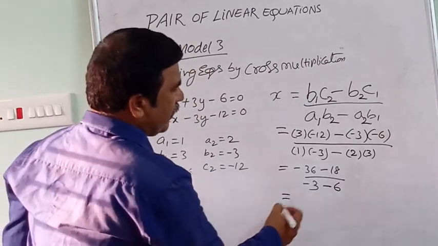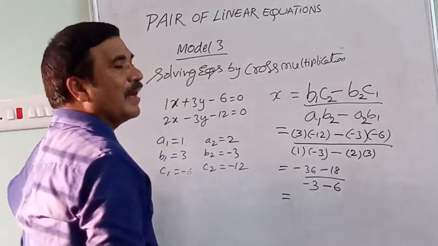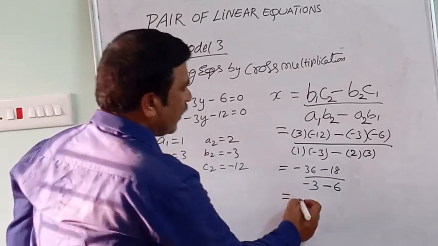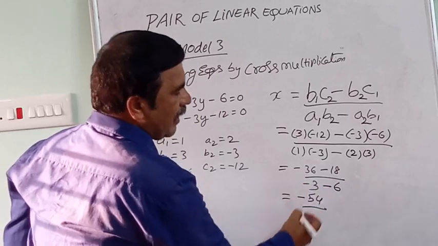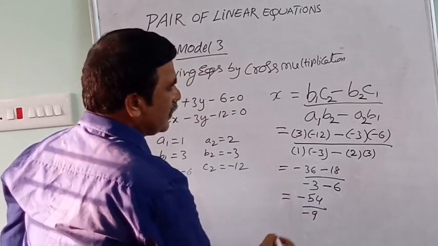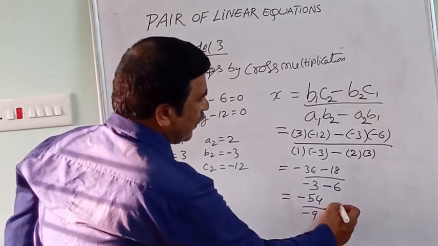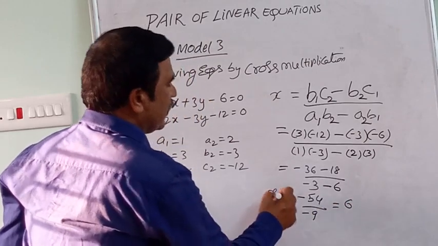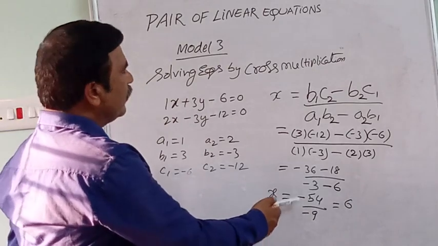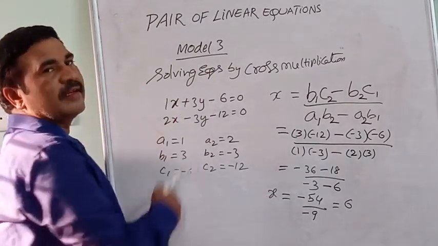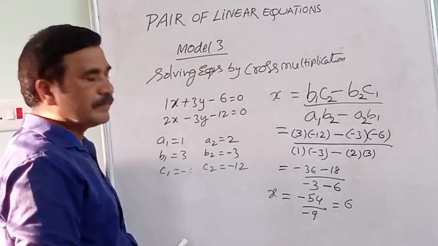Now simplify. Minus 36 minus 18, it becomes minus 54. Minus 3 minus 6, it becomes minus 9. Cancel, you will get 6. X value is 6. If you get the x value, then substitute in this, you will get the y value simply.